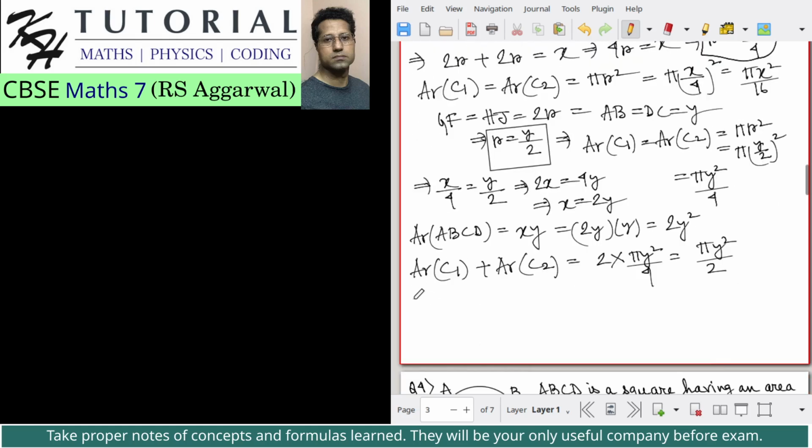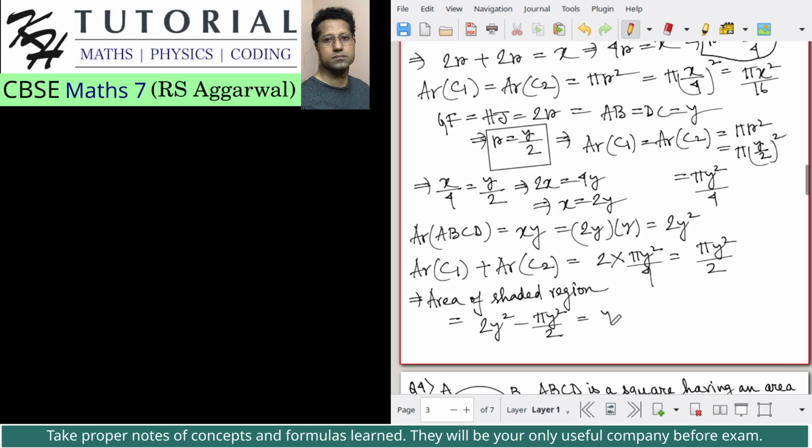Therefore the area of the shaded region will be equal to the area of the rectangle, which we found to be 2y square, minus the total area of the two circles, which is pi y square by 2.